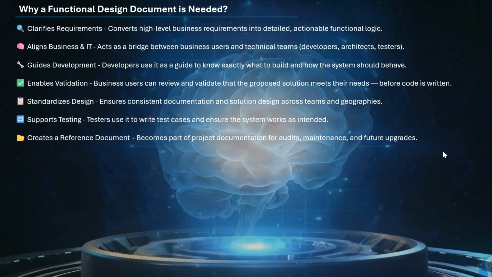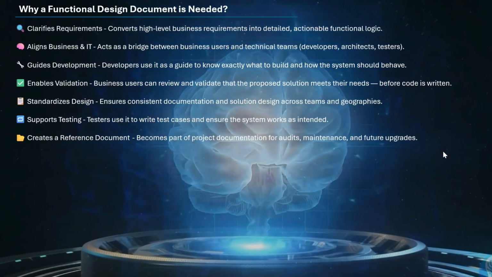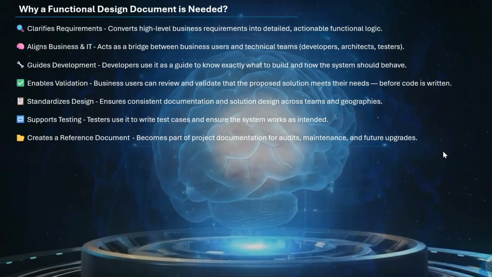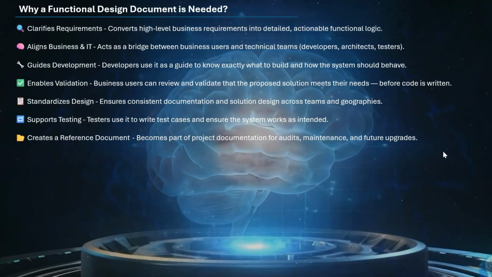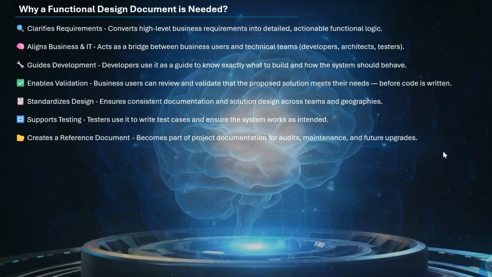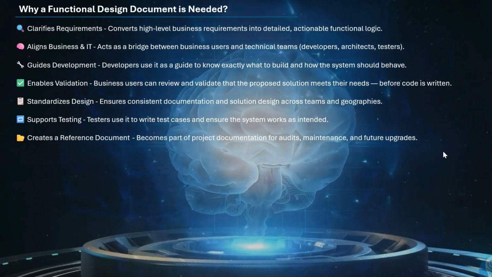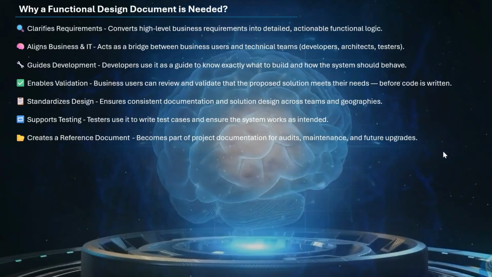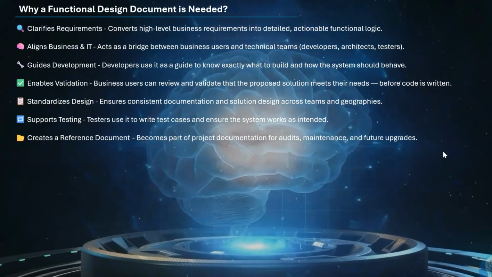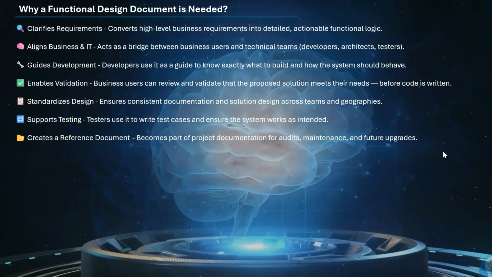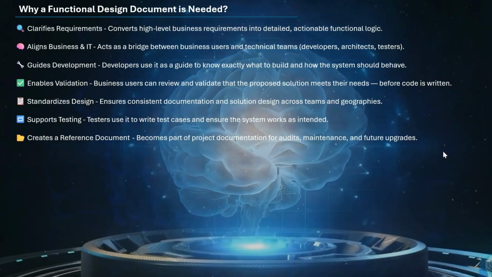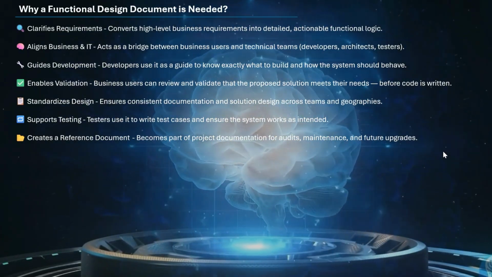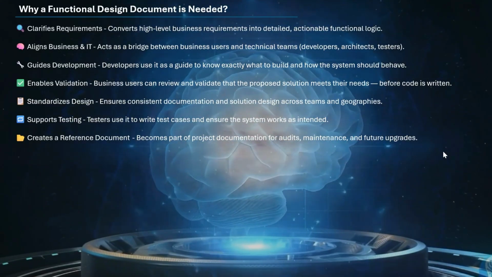Then it can also support testing, in the sense that the testers can know what the application is supposed to do and what needs to be tested to satisfy the business needs. And last but not the least, it creates a reference for everybody in the organization as to what the requirement was, what has been built, and whether it is matching the requirements. So this is why a functional design document is needed and is critical in a business scenario.